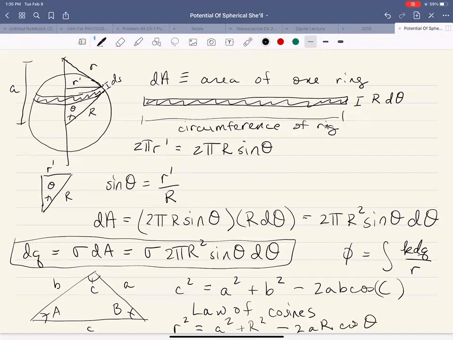So now we've got the law of cosines applied here to our value of r. So if we take the square root of this little r squared, then we can plug that in, and now you see I've got little r in terms of some constants and my integration variable, which is theta. So let's plug that in.